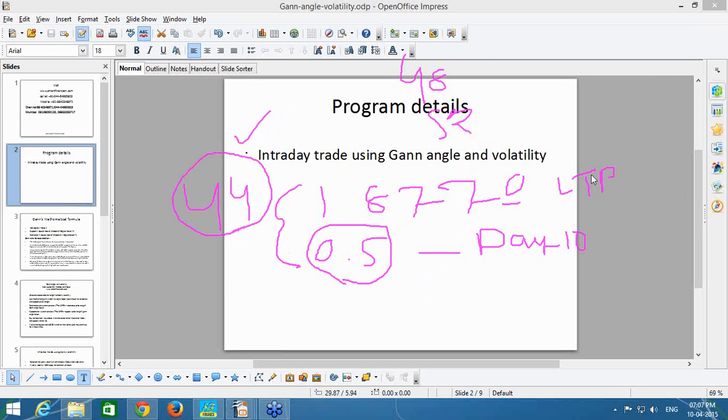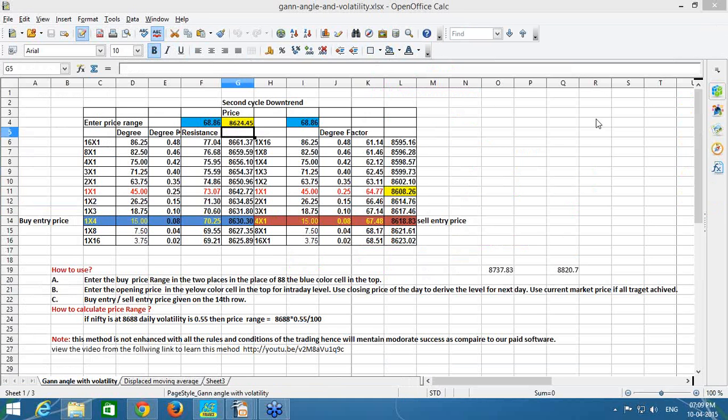We will take it from the Fibonacci method, or Gann method, or Elliott method. So now we are going to take the Gann angle method for intraday trading, wherein WD Gann has told us to take any one price point for reference.